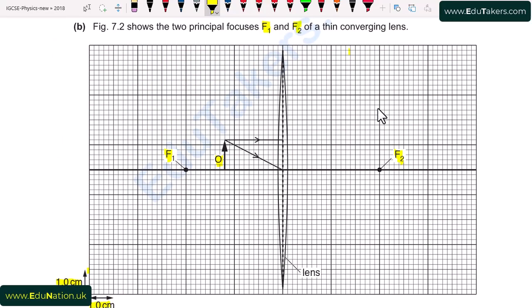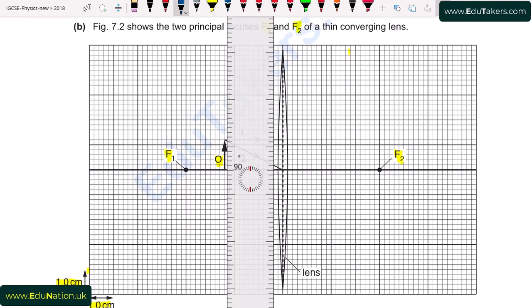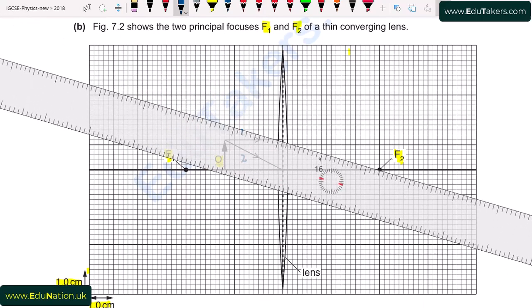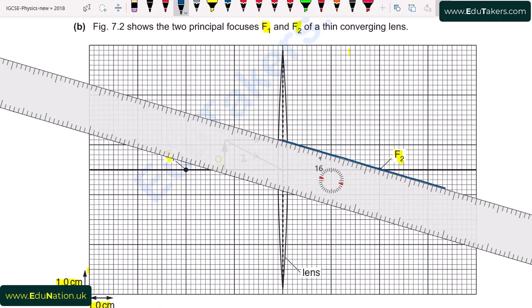Here we can see, if I call them ray 1 and ray 2, ray 1 is parallel to the principal axis, and then after refraction by the lens, it passes through the principal focus. So I am going to draw this ray. So this is the path of the first ray.